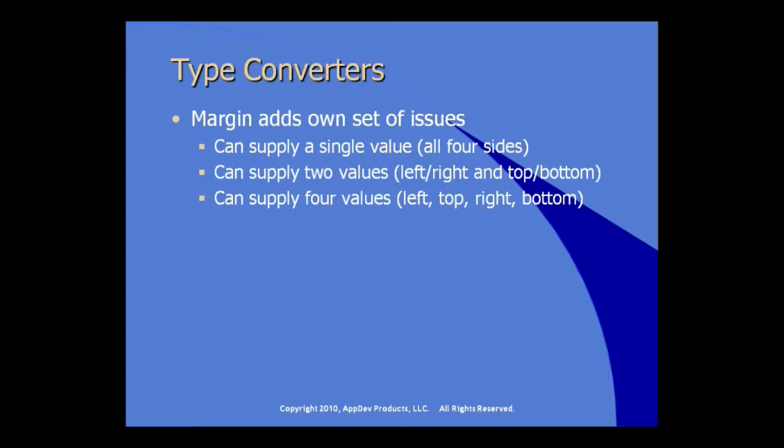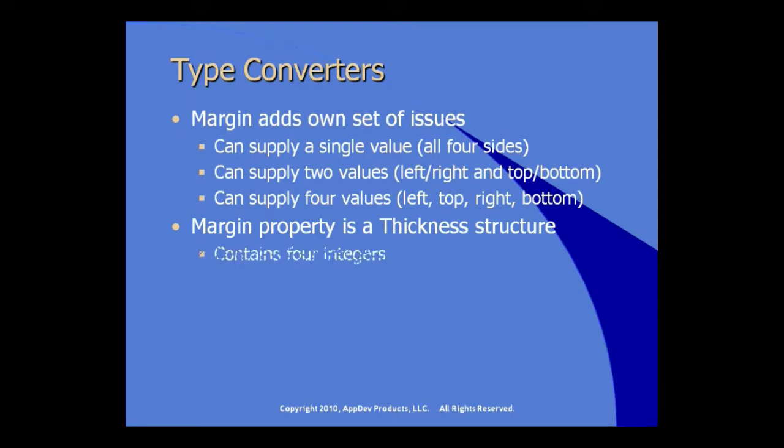Who's taking those 4 comma-delimited values and converting them into something that can be rendered as a control's margins at runtime? Well, the margin property really represents a thickness structure. A thickness structure in the .NET framework contains 4 integers. Setting the property in XAML calls the constructor for the thickness structure, and it copies the values you've entered into various properties of the thickness structure.